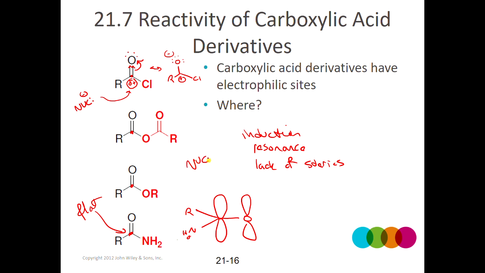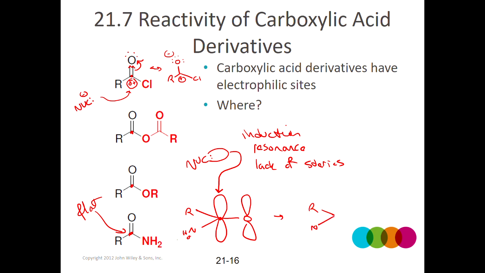And when the nucleophile comes in with its orbital, it's going to face that other p orbital head on. This carbon is going to rehybridize into an sp3 hybridized carbon, so that some head-on orbital overlap can occur there.